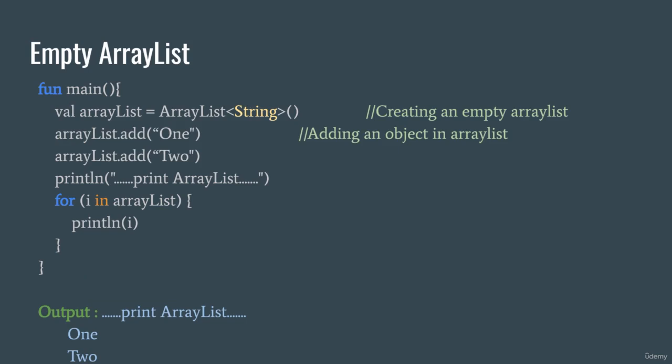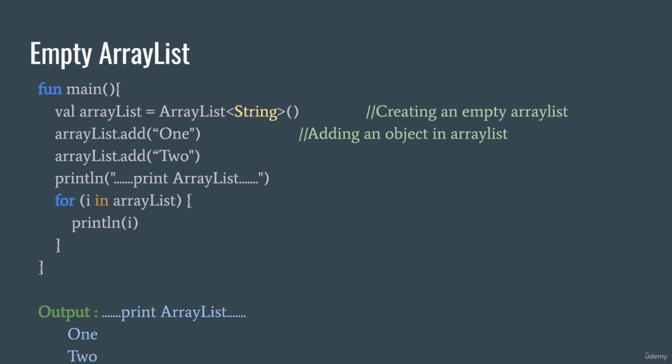All right, let's have a look at an actual array list. You can see we create an array list and we create it via the val keyword. So we're not using var here because even though the array list might be a val, so an immutable array list, it's still adjustable. So we cannot replace the array list object, but we can replace the content of this array list object. In this case, it's an array list object of type string, so we only can add strings in there.